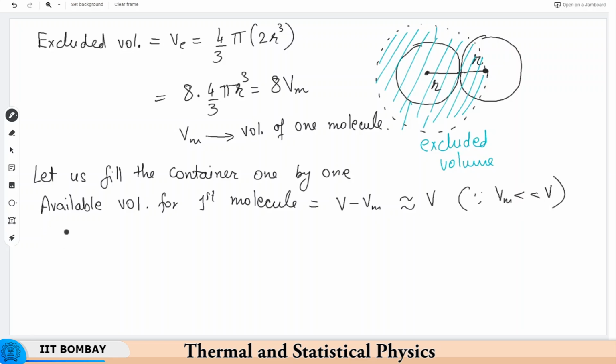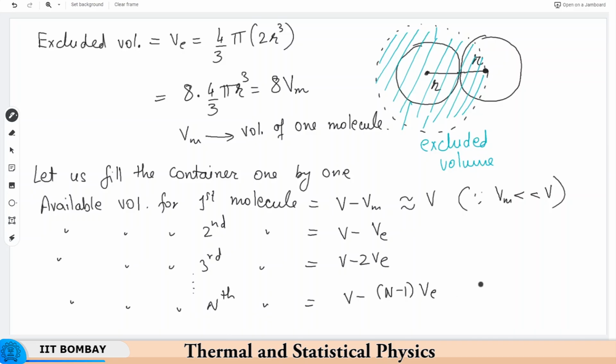Similarly, the available volume for the second molecule will be V minus VE, which is the excluded volume contributed by one molecule. Similarly, for the third molecule it will be V minus 2 VE, and so on. For the nth molecule, this term will be V minus (n minus 1) times VE.